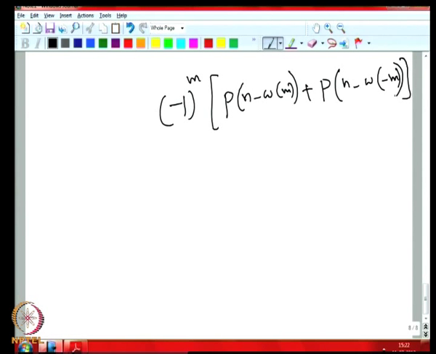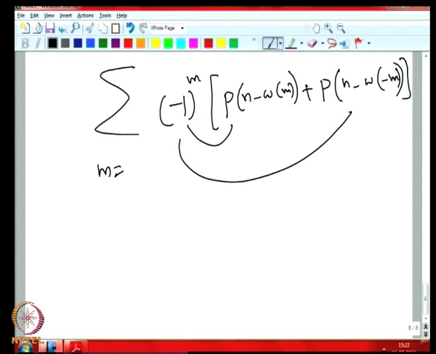These two terms will contribute along with this and this, and this will be contributing to the x raised to n, and this will happen for each m. So, m equal to 1 to infinity, this will happen.